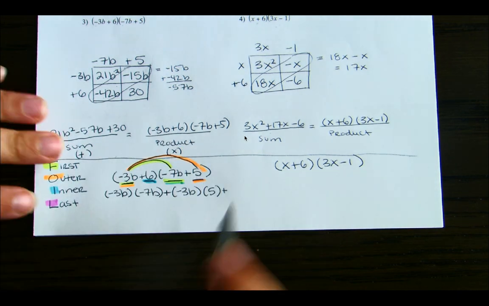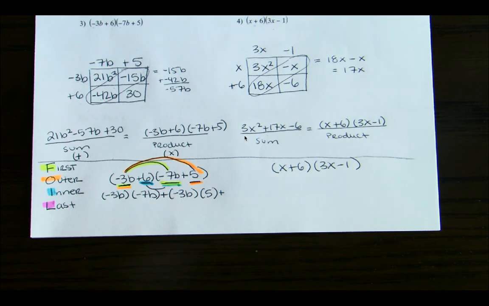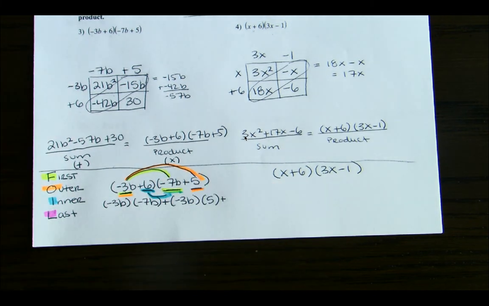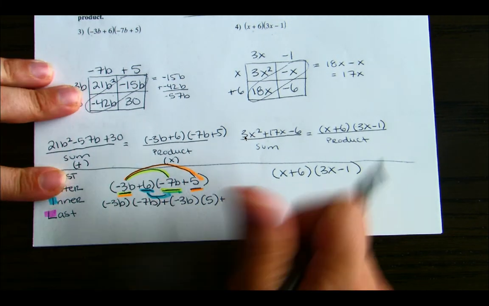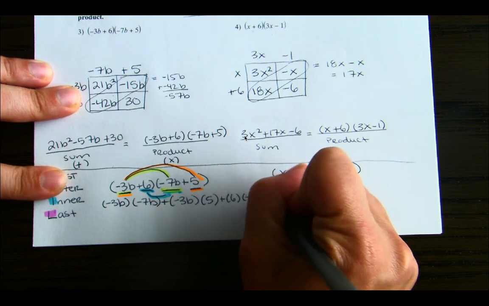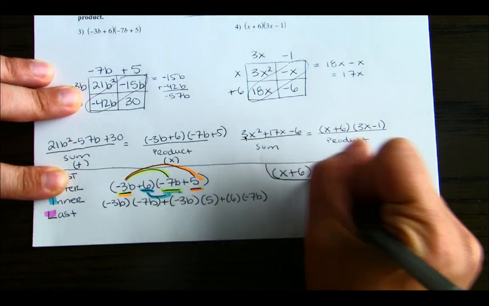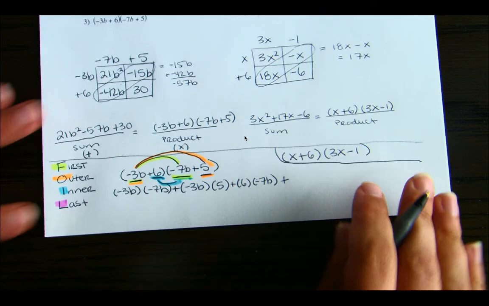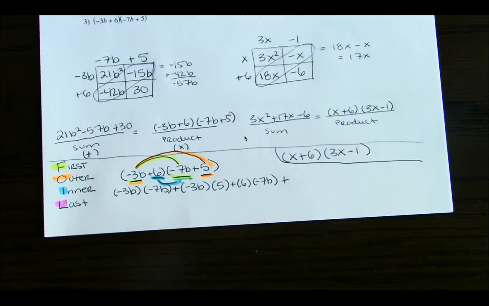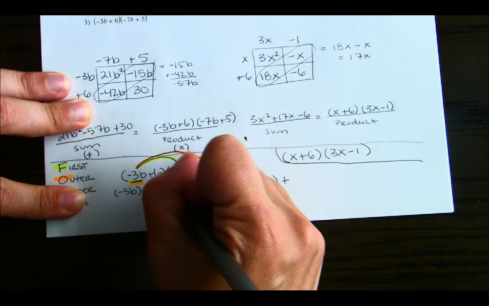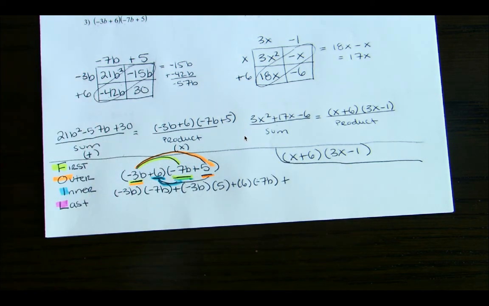And I'm multiplying these two together here. So when I write that out, I have 6 times -7b. I'm going to ignore that one for now. And then lastly, I'm going to do last, which is 6 times 5.